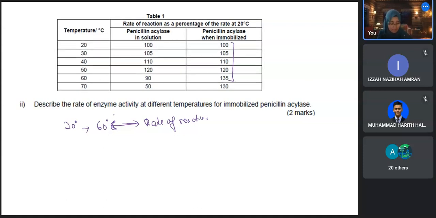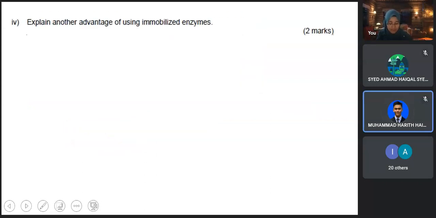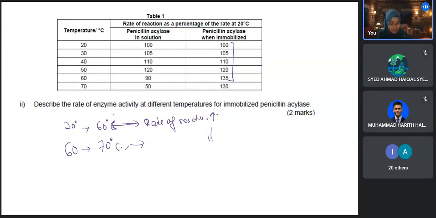Increase. So 60 to 70, what happened to the rate of reaction? Decrease. Dua markah. Satu markah 20 hingga 60 degrees increase, 60 to 70 decrease. Okay, one mark each.